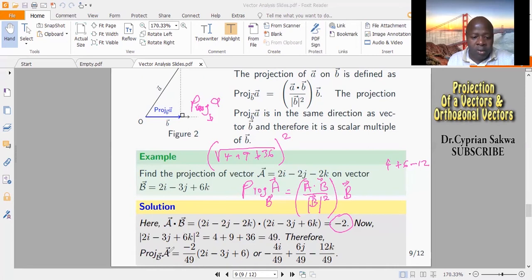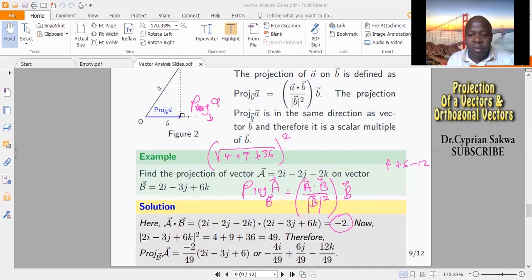So the projection of A on B will be given by this dot product over this square of the magnitude times vector B, which you can expand to get negative 4i over 49 plus 6j over 49 minus 12k over 49.